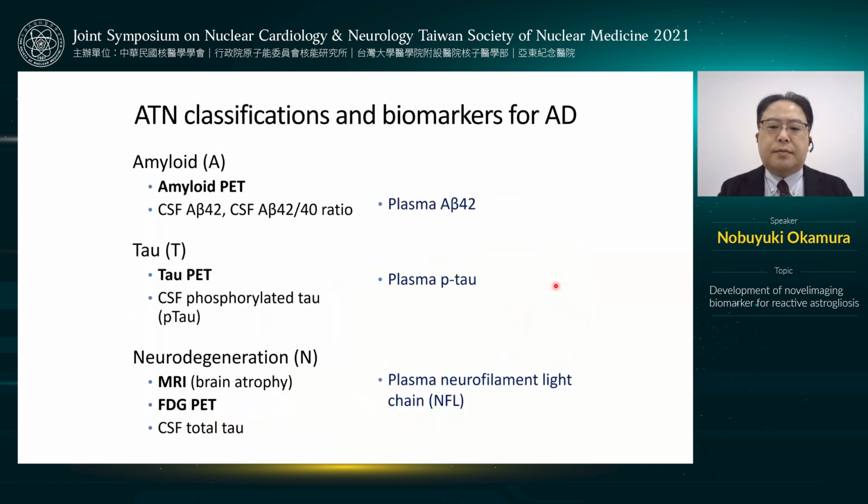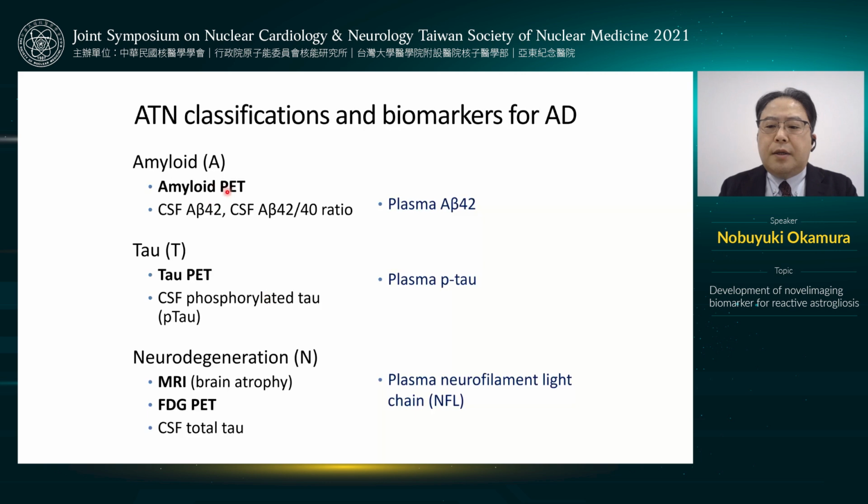These underlying pathologic changes can be assessed using biomarkers. The biomarkers of Alzheimer's disease are grouped into amyloid beta, A, tau, T, and neurodegeneration, N, together termed the ATN criteria.